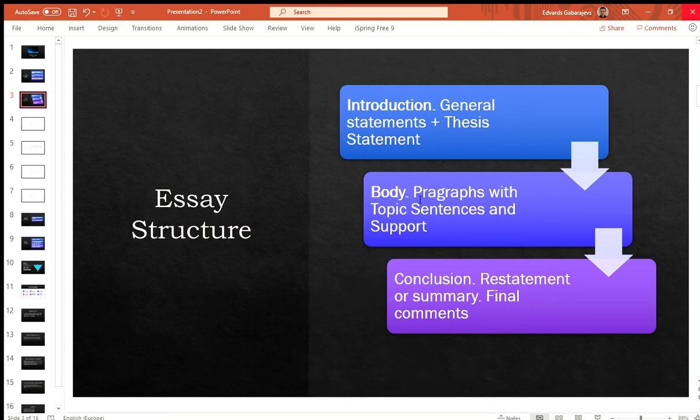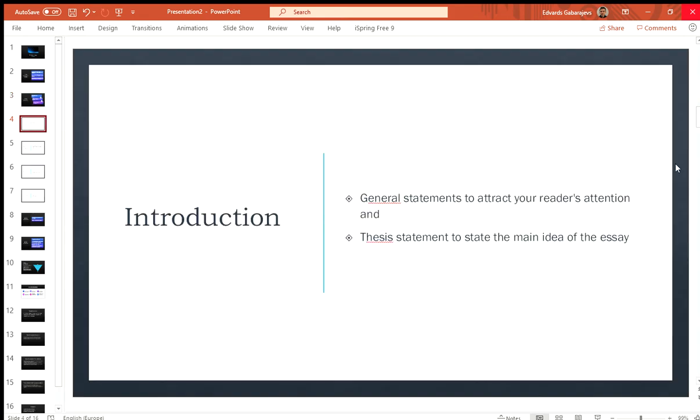Let's take a look at all three parts in a bit more detail. So introduction, first of all, as I said already, right? General statements to attract your reader's attention, and thesis statement to state the main idea of the essay. We will take a look at the way we can do this a bit later, but we can pretty much see and understand what's going on in the introduction.